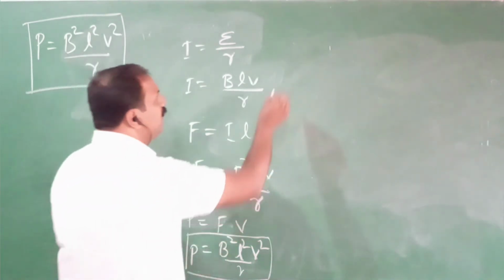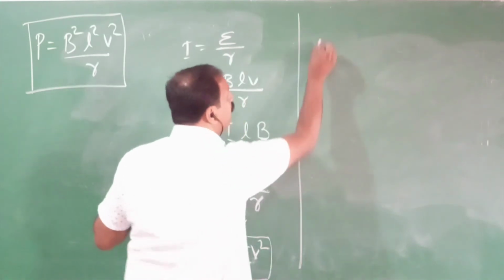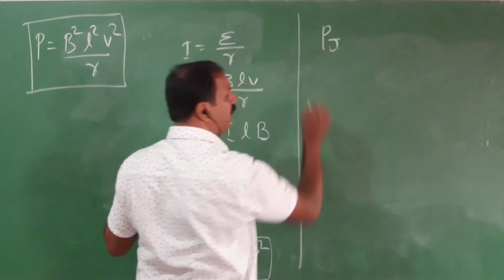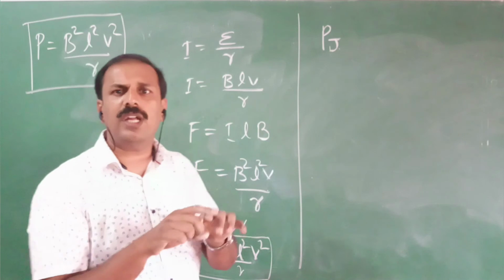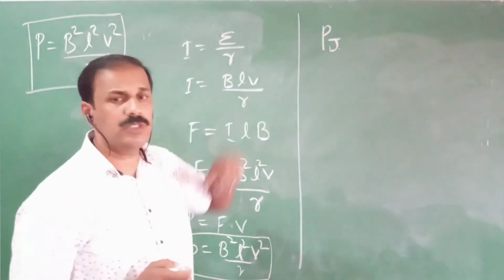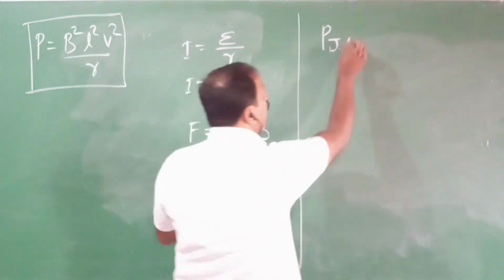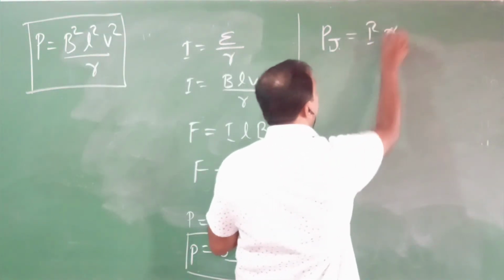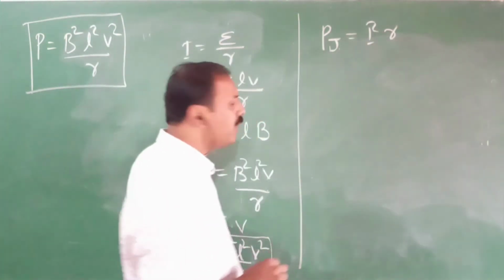So if you discuss Joule's heating effect, the power due to Joule's heating effect, that is when a current is passing through a conductor, heat is produced. That's called Joule's heating effect. And the power due to Joule's heating effect is given by I square R. Already we have the equation for I here.